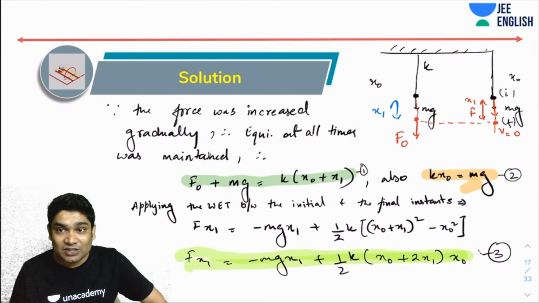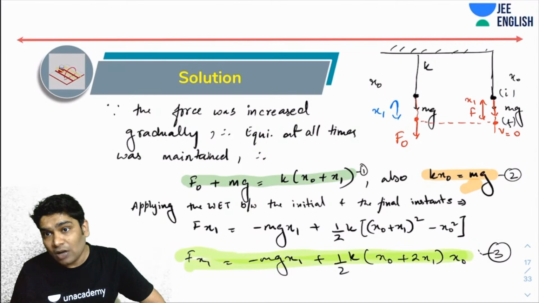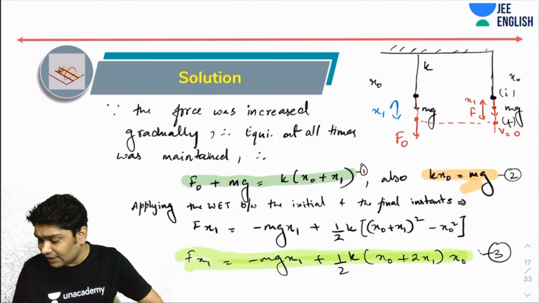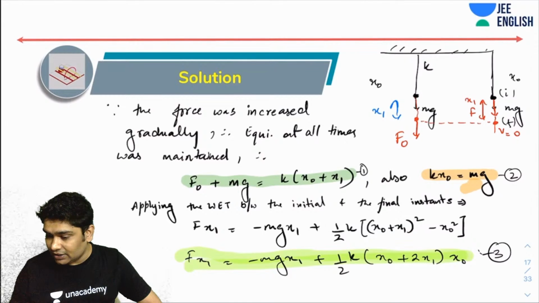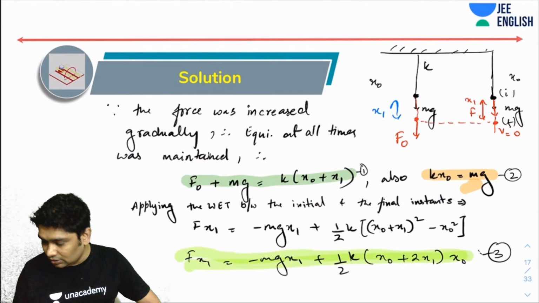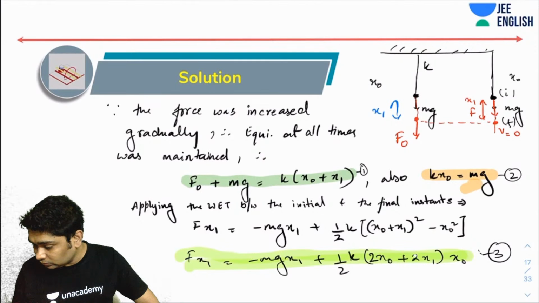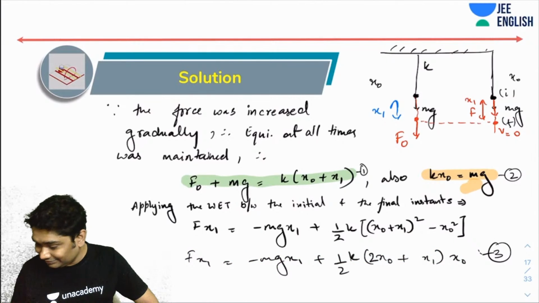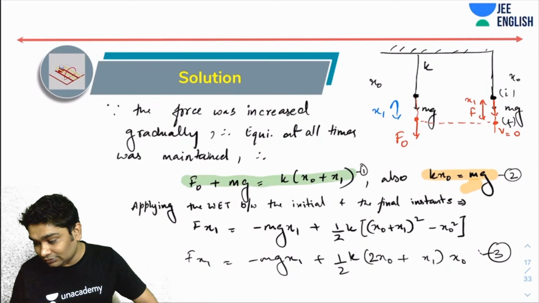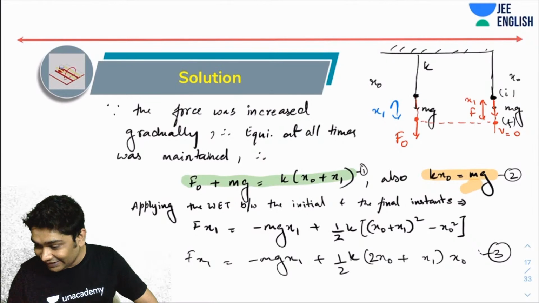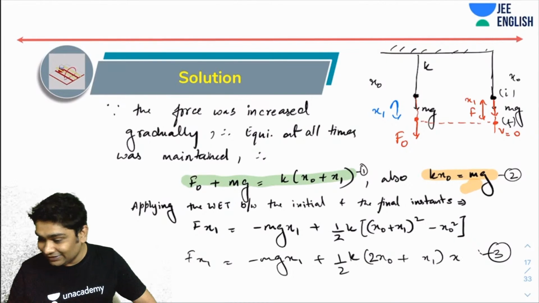Then this becomes a minus b into a plus b. Oh, here it should be x1 instead of x naught. So it should be 2 x1. Yes, I do these things.